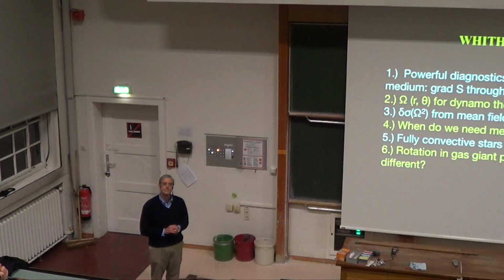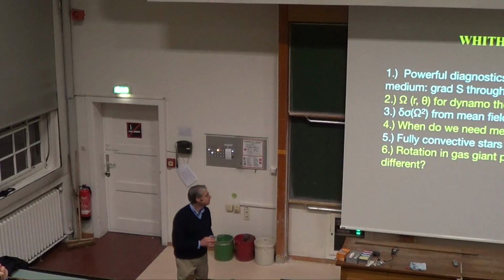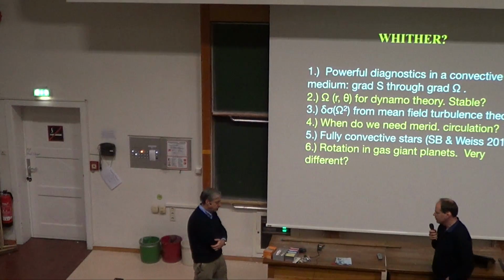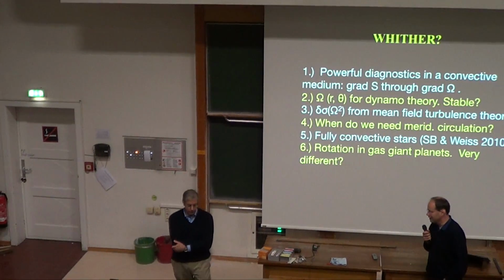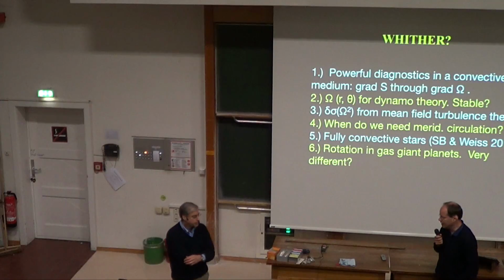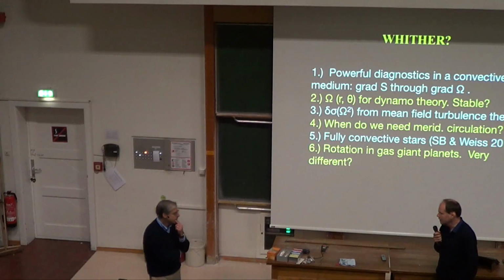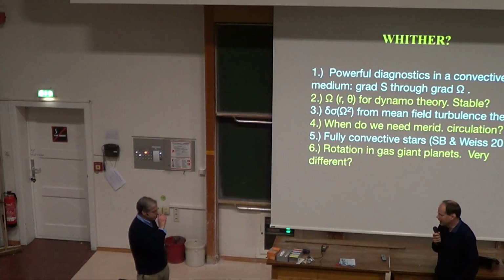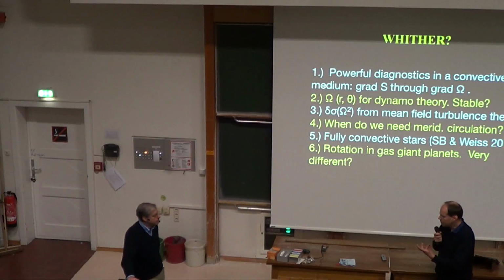I actually have one question concerning the last point you made here, the rotation of gas giant planets. I find it very fascinating because I've always wondered about the following problem. If you look at Jupiter, it's not rotating even nearly at breakup. Yet it has been formed from an accreting disk, presumably at some point, a planetary disk. And I could imagine you need strong magnetic fields from the planets to have magnetic braking on the disk to prevent it from spinning up while it's accreting matter from the planetary disk.